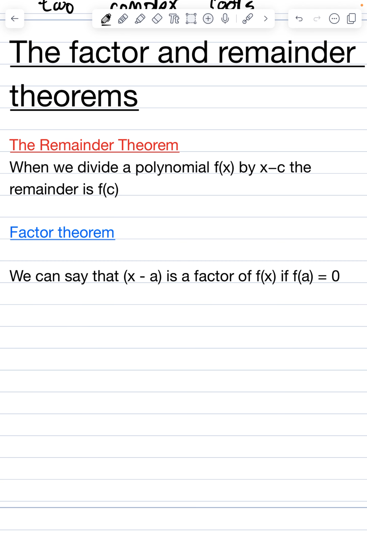And the factor theorem states that x minus a is a factor of f of x if f of a equals 0. If it's a factor, we know it hits the x-intercept, and the output there is 0, so f of a is 0.